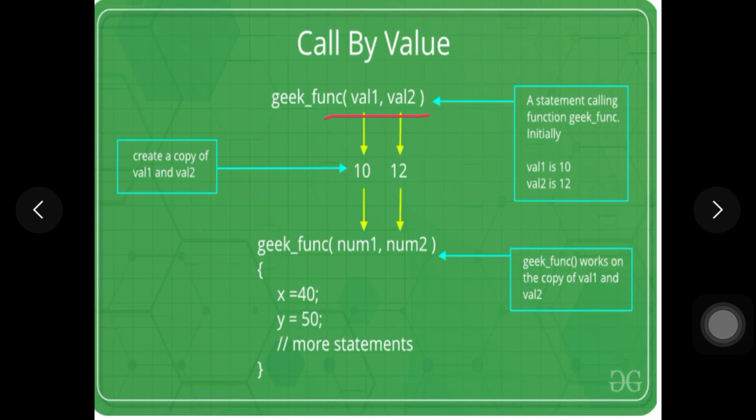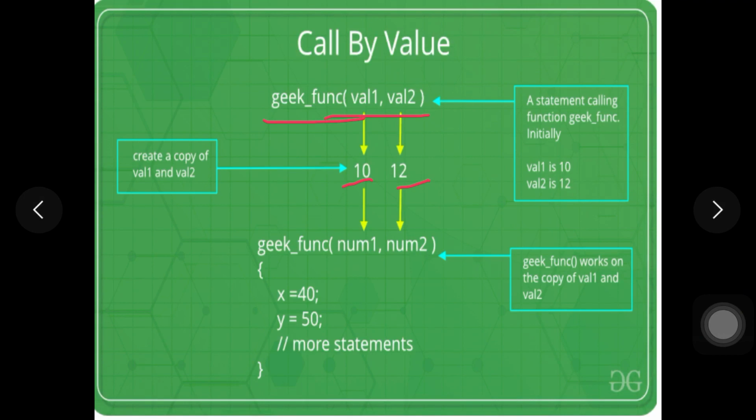What is the called function here? Geek function is nothing but the called function. So this statement we can consider as the function call. Here we are calling the geek function using two values, that is val1 and val2. Val1 is 10 here and val2 is 12 here.